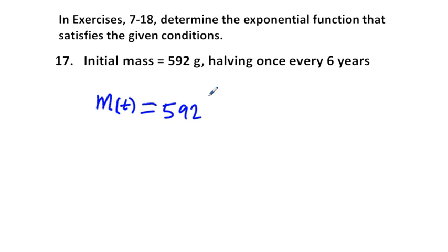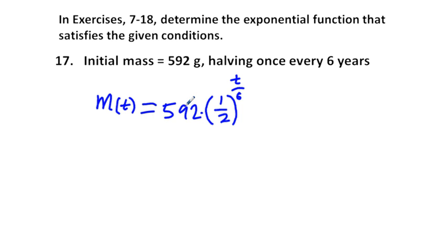There are different ways of doing this. One way, the book, I think, had 2 to the negative power, but if you just have 1/2, and we're going to have t divided by 6. So that's really what it is.